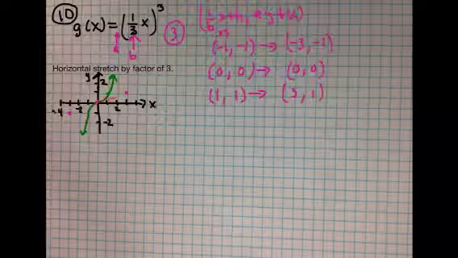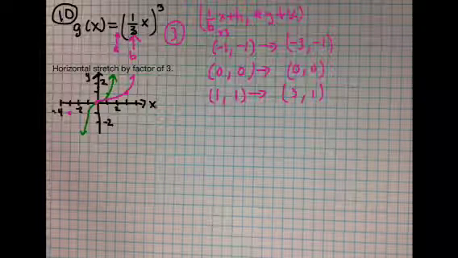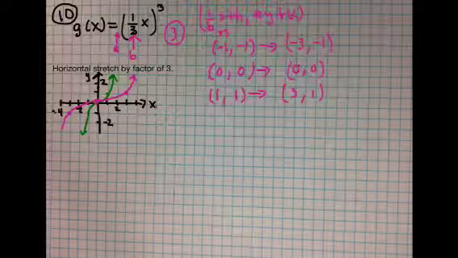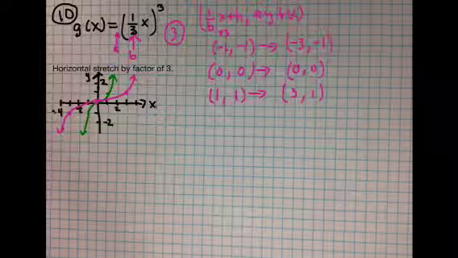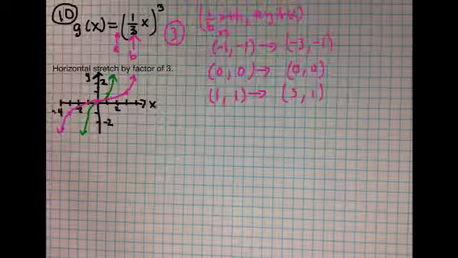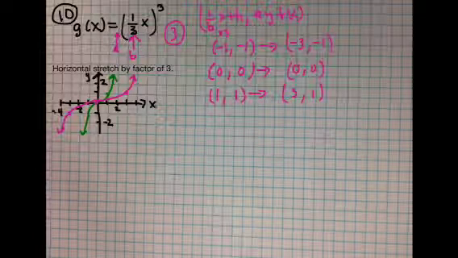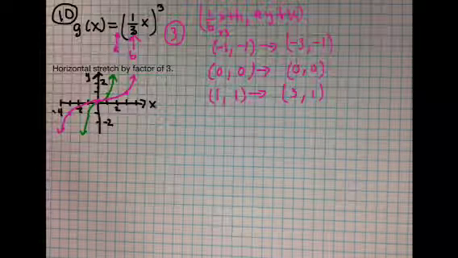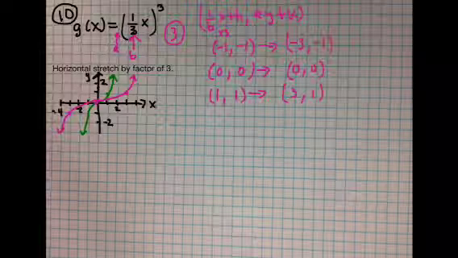So it goes out like this, and down like this. Okay. So the pink one, that's g of x, and the green one, that's f of x. So f of x, the green one, is the parent function, and g of x, the transformed one, is the pink one.